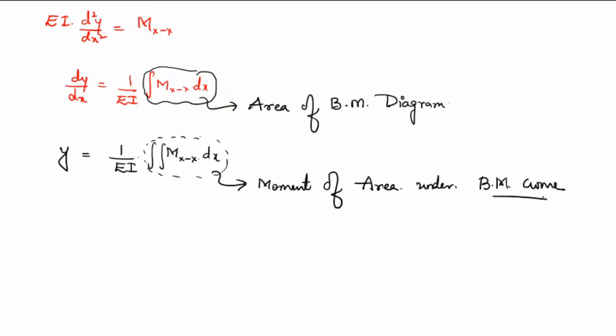The slope theta is equal to area divided by EI.